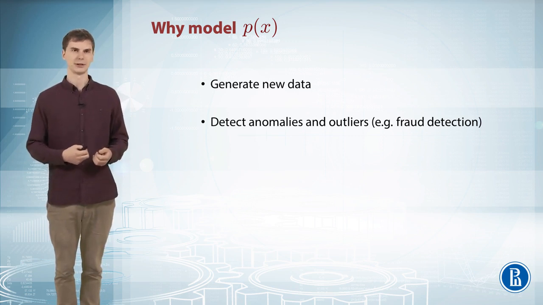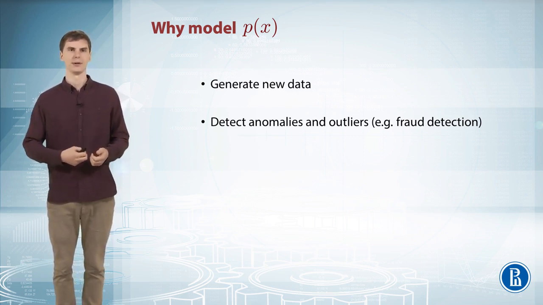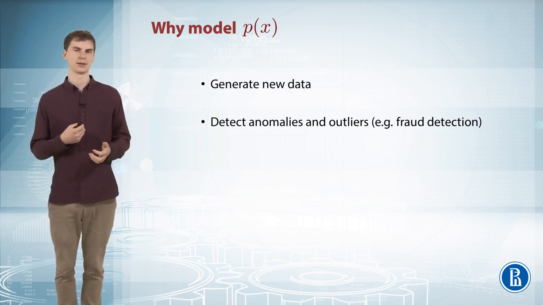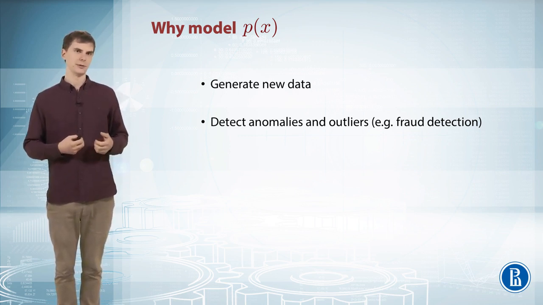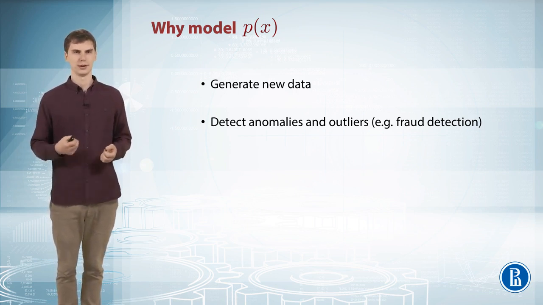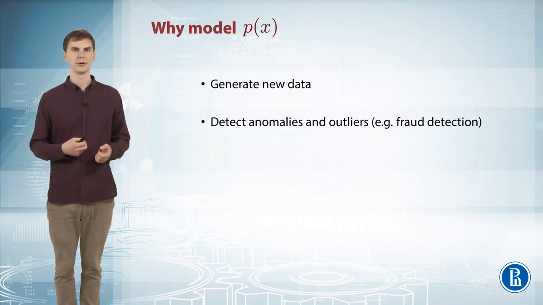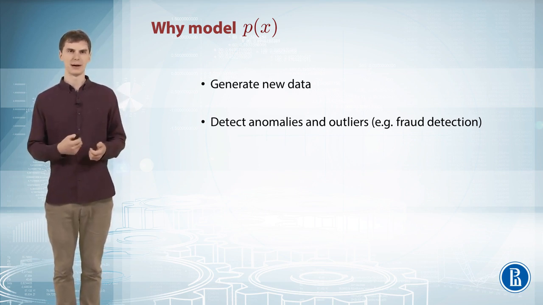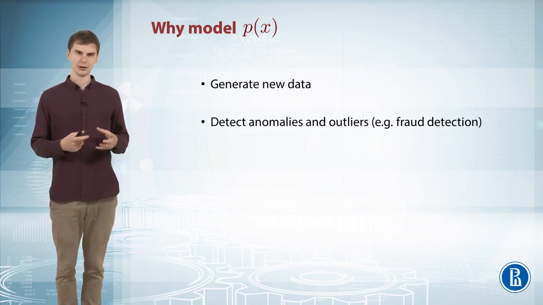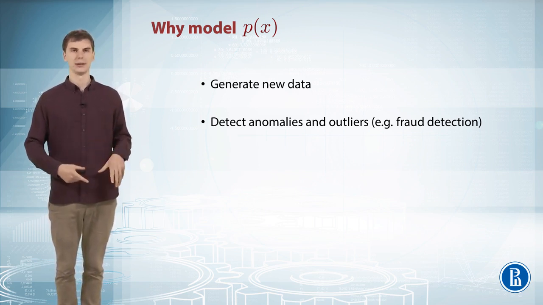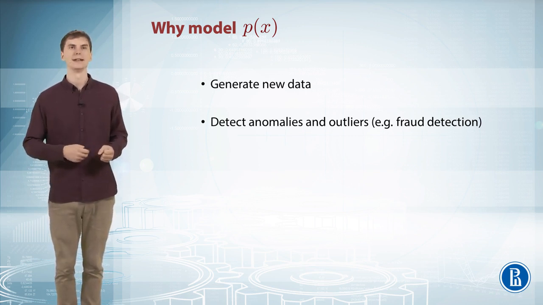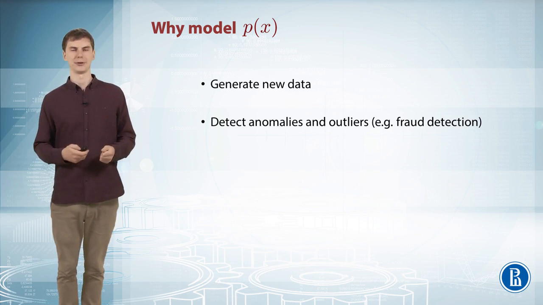And if this particular transaction is not very probable, then we may say that it's kind of suspicious and we may ask humans to check it. And also, for example, if you have security camera footage, you can train the model on your normal day of security camera. And then if something suspicious happens, you can detect that by seeing that some images from your cameras have low probability p of x according to your model. So you can detect anomalies, detect suspicious behavior.